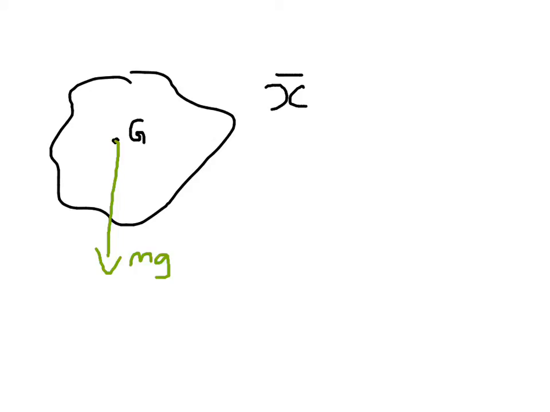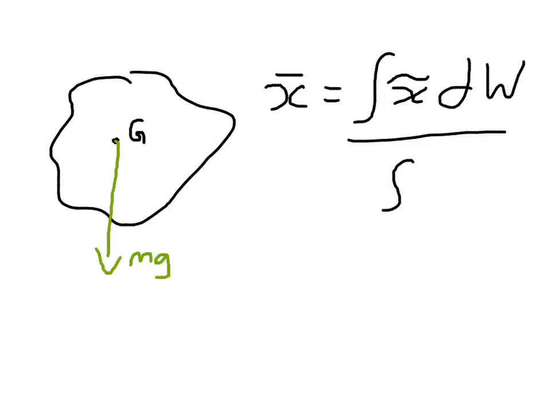The x-coordinate would be the integral of x tilde, that wiggle is a tilde, dw over the integral of dw.